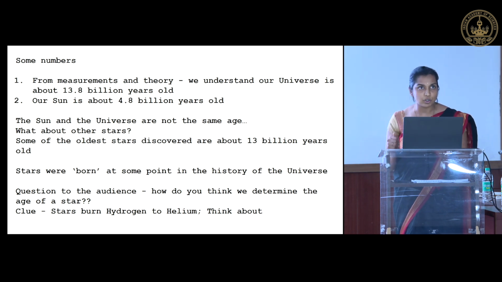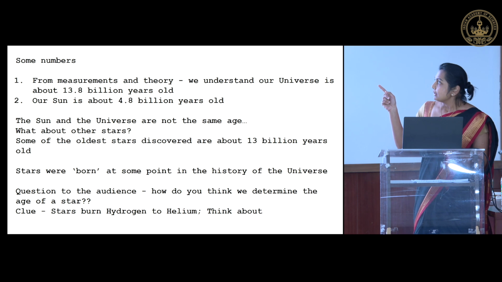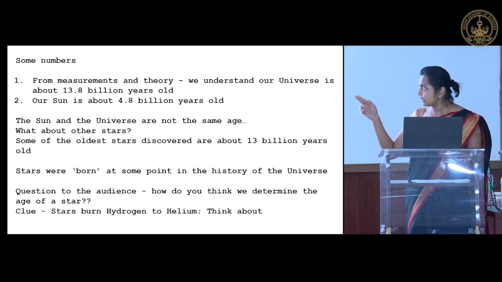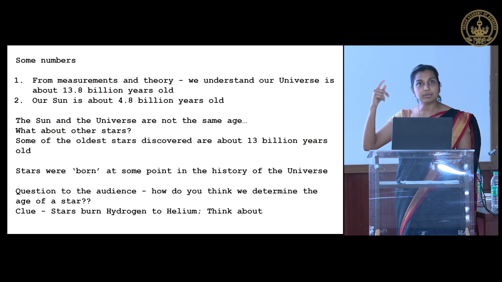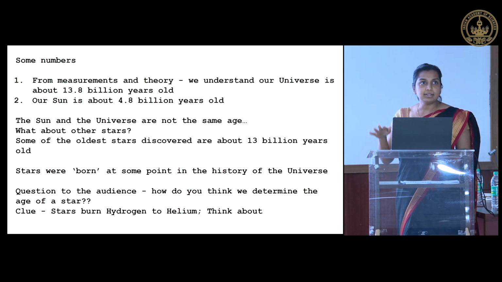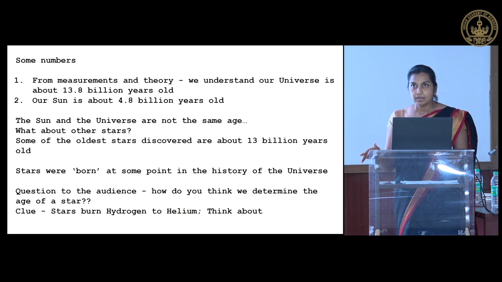That's common sense logic, which means that the sun and the universe are not of the same age. The sun, and maybe stars older than the sun, were born even earlier. So now I hope we agree that stars are born. They have not always existed.